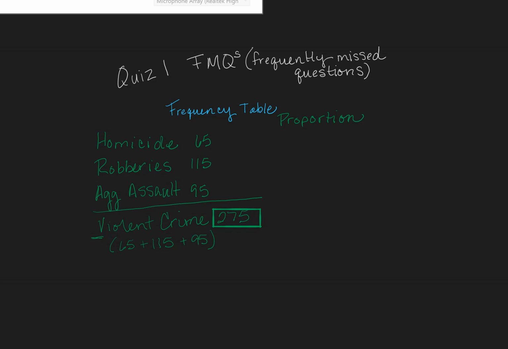Now let's figure out the proportion that homicide, robbery, and aggravated assault are in the violent crime number. This is how I like to remember it: if violent crime is our whole, each one of these is a part of the whole, because we summed them to get the whole. So to do the proportion, we take the part divided by the whole.